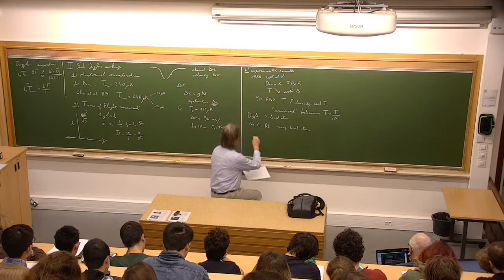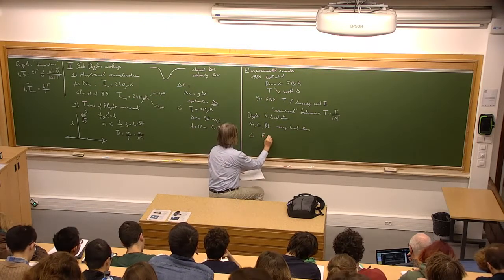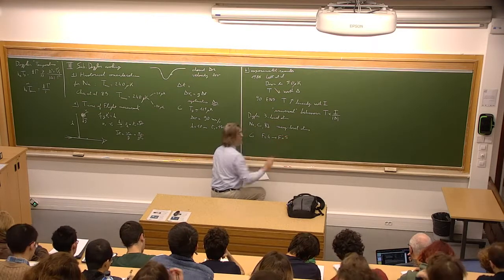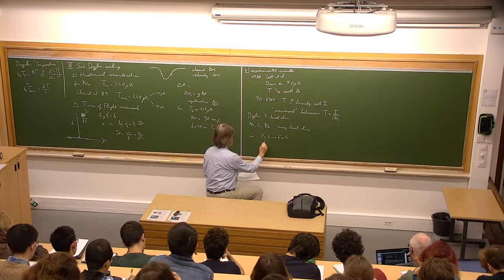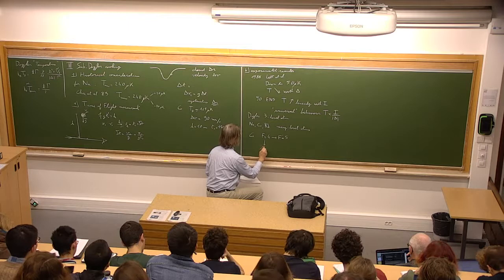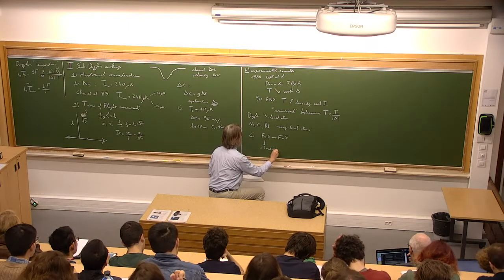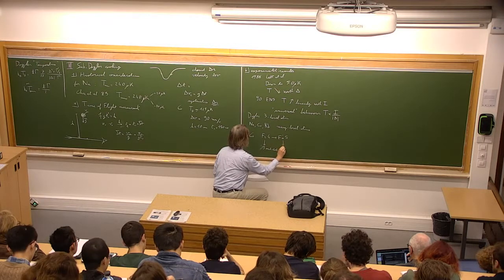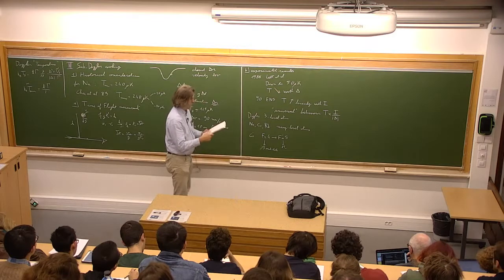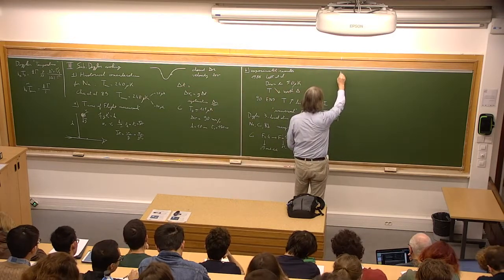And if you look just at cesium, because I know it pretty well, you have the F equals 4 to F prime equals 5 transition, which means that here in the ground state you have 9 sublevels, and here you have 11 sublevels, so a lot of levels. Too many.